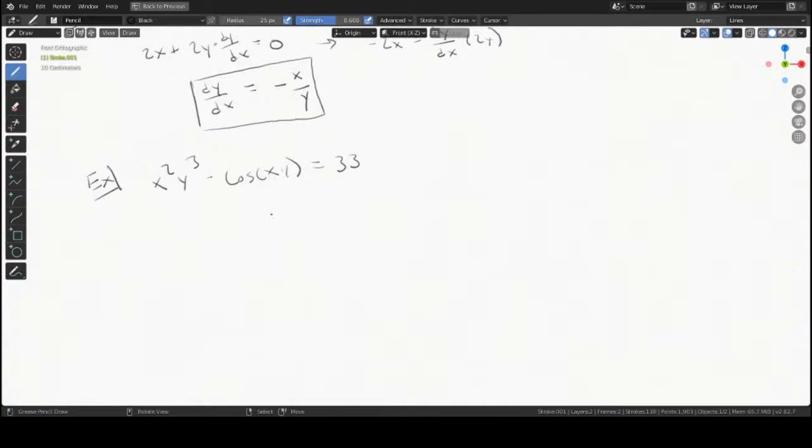So let's start with the first term. Using product rule, we have the derivative of the first, which is 2x, times the second, y cubed, plus x squared times the derivative of the second, which is 3y squared times the derivative of the inside, dy over dx. This is our first term's derivative.